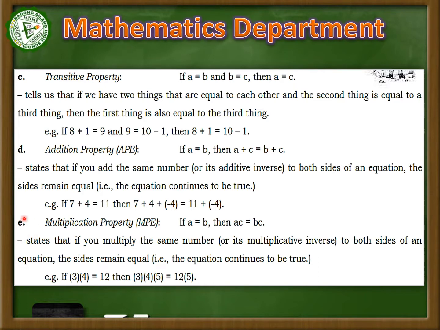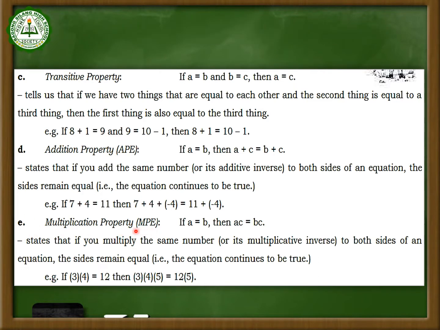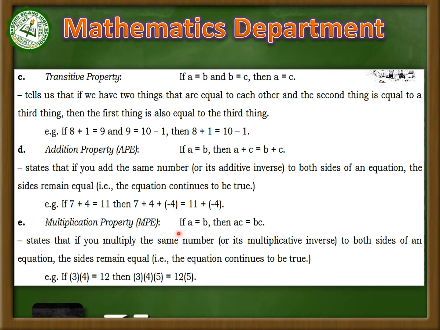Letter E, multiplication property of equality. In short, MPE. If A equals B, this time again, two expressions are equal, then AC equals BC.